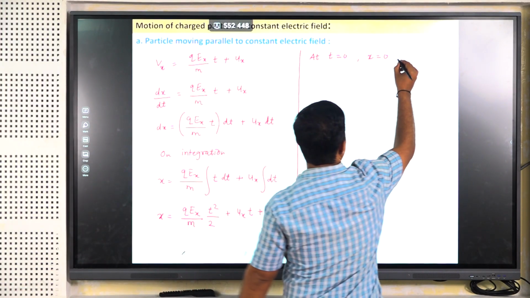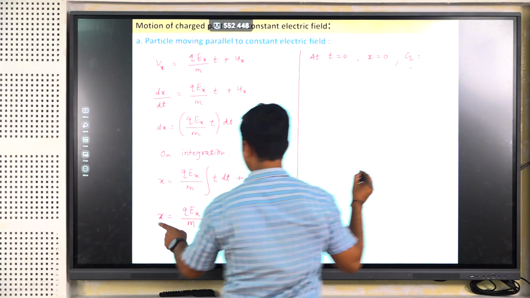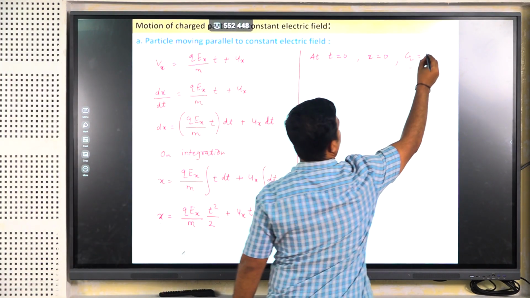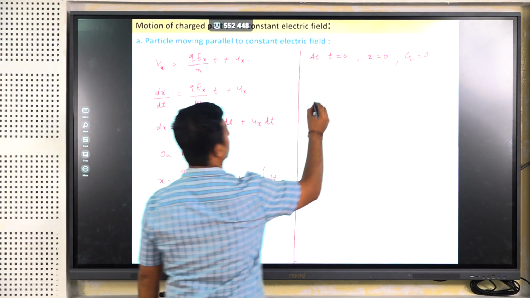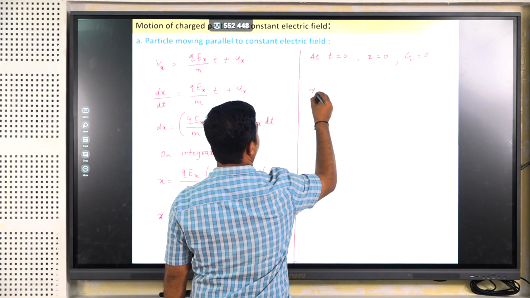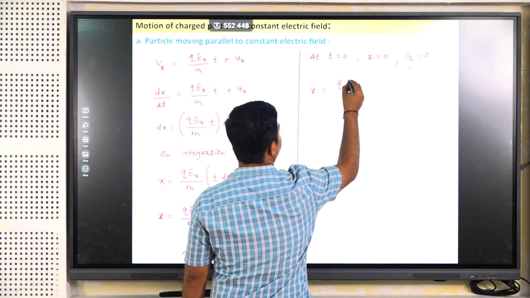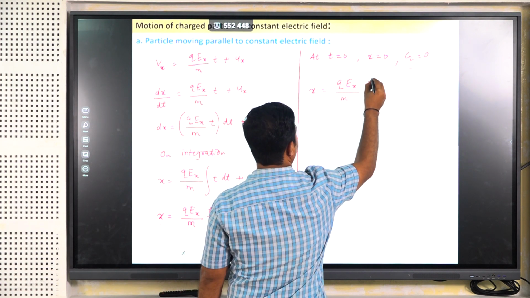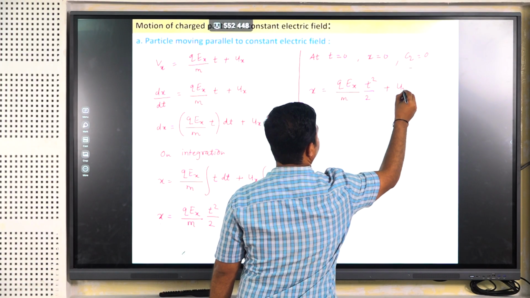So if we put x is equal to 0 and t is equal to 0, c2 is equal to 0. When we put c2 is equal to 0, finally we get the position of the charged particle, x is equal to qEx upon m t square by 2 plus ux t.